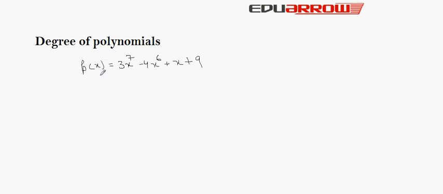Now look at the polynomial p(x) equal to 3x to the power 7 minus 4x to the power 6 plus x plus 9. Here, what is the term with the highest power of x?